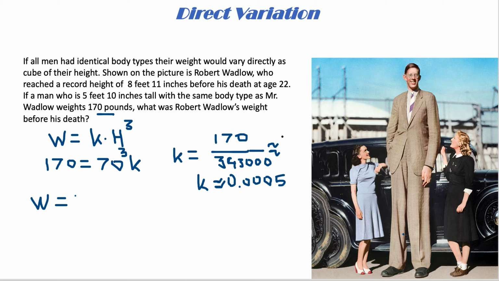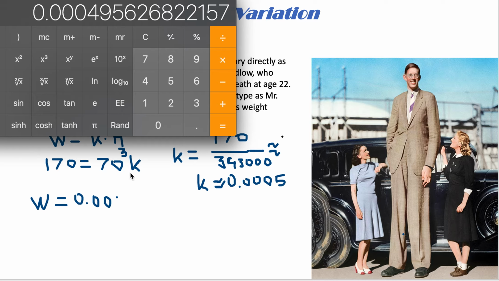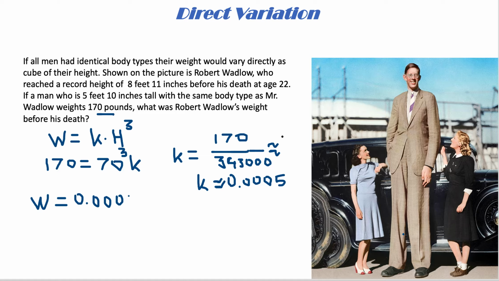So k, we already know, is approximately 0.04956, and the rest of the number continues, 562. Times the height of Mr. Wadlow, which is 8 feet and 11 inches. 8 times 12 is 96, plus 11 is 107, so it's 107 cubed.